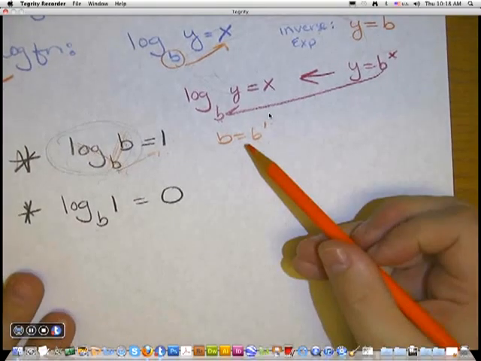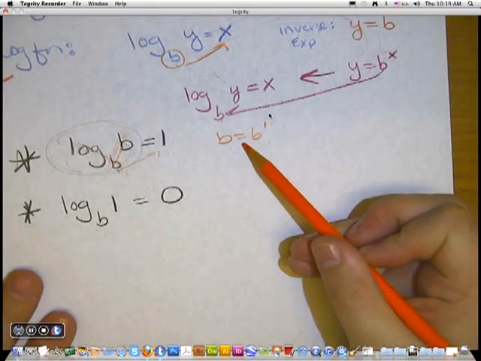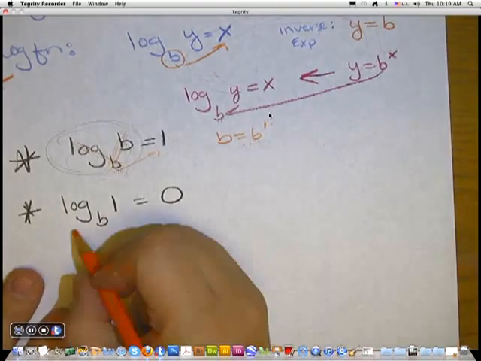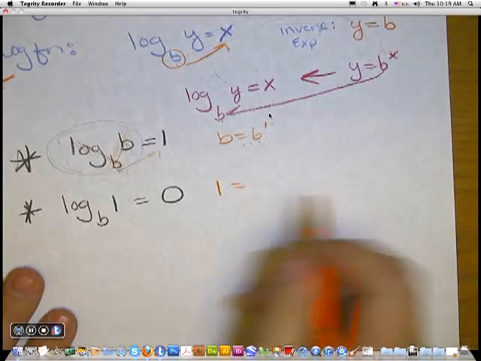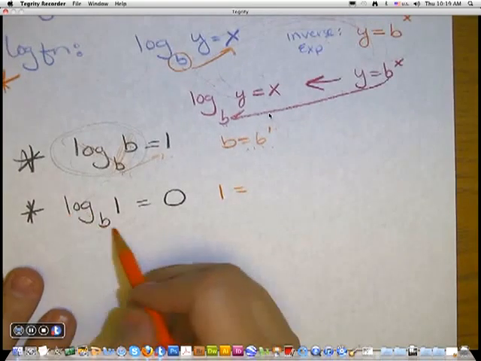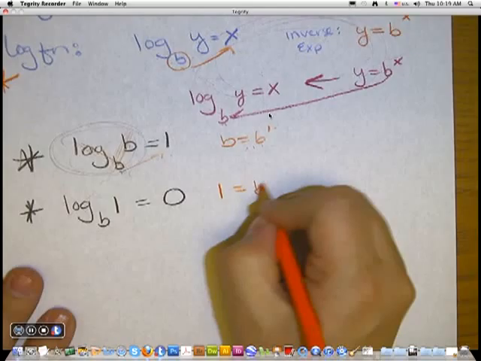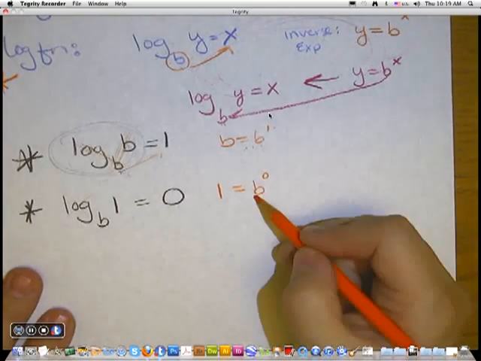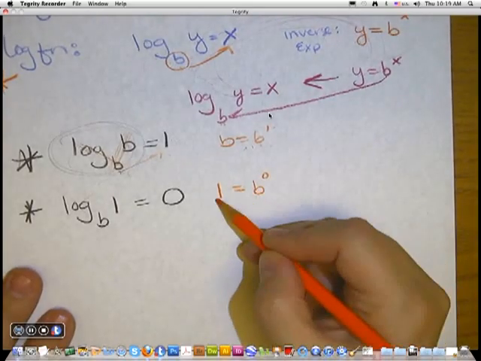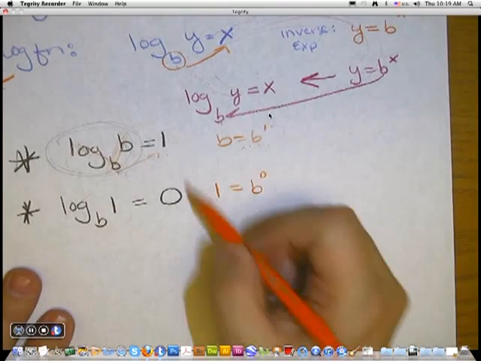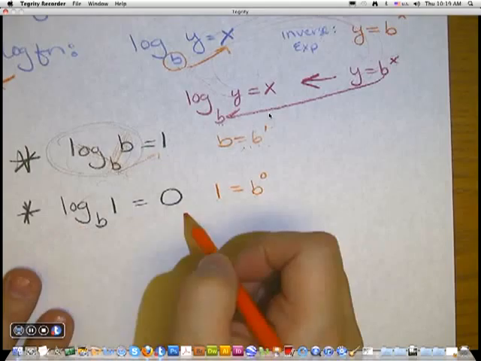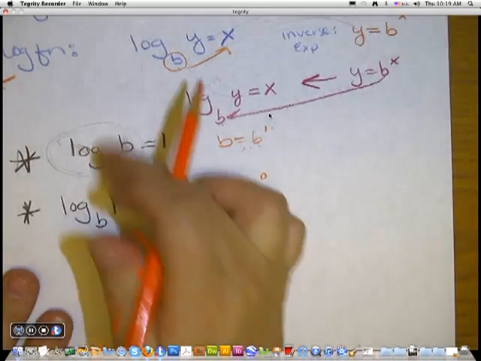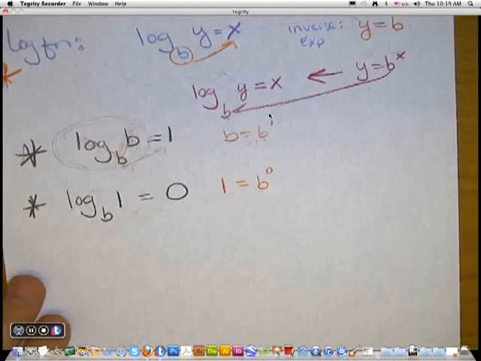Again, it goes back to the proof by using the inverse exponential. 1 is equal to, because remember the word log goes away, b kicks up, b to the 0. And anything to the 0 is 1. So the exponential version proves the log property. These are properties that you have to know.